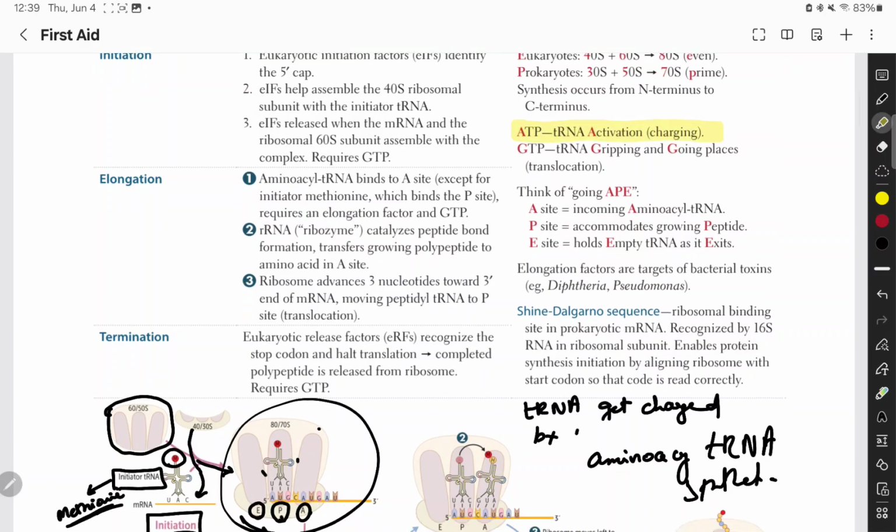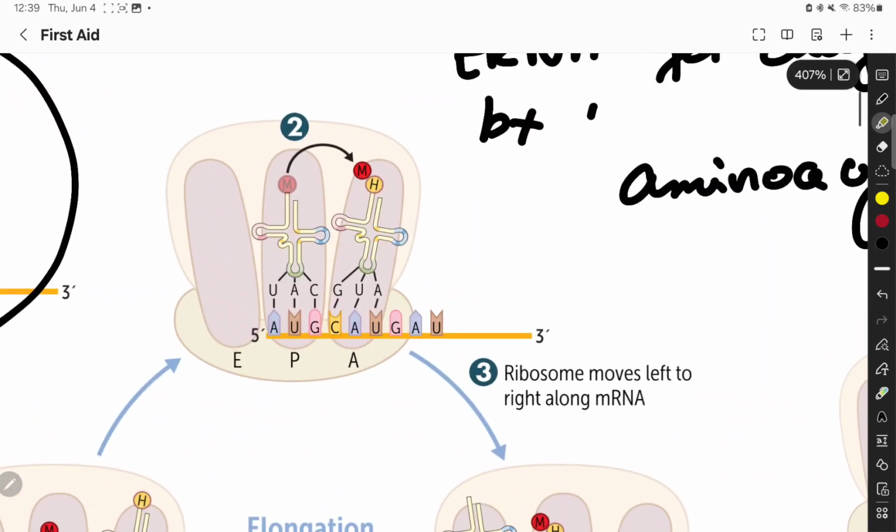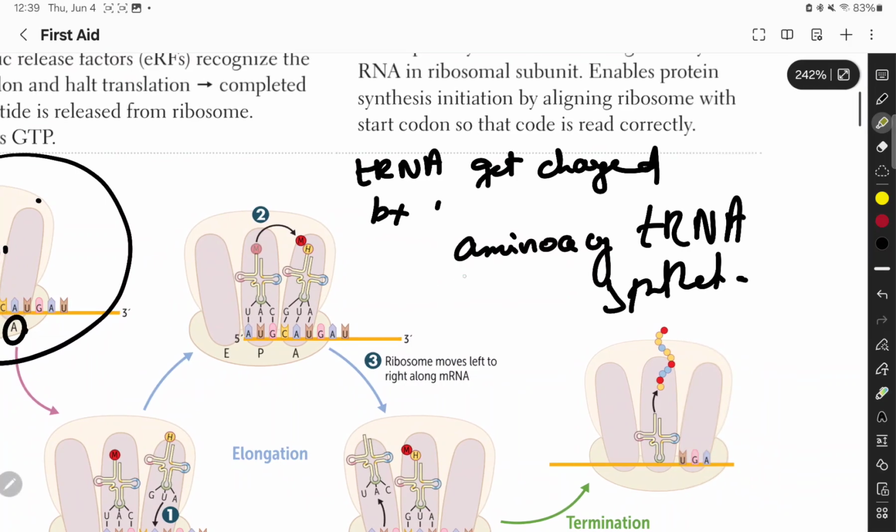It uses ATP to get charged. So what is the charged transfer RNA? It is the one which has this amino acid over here.